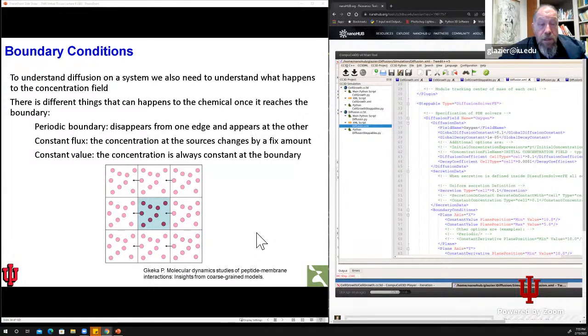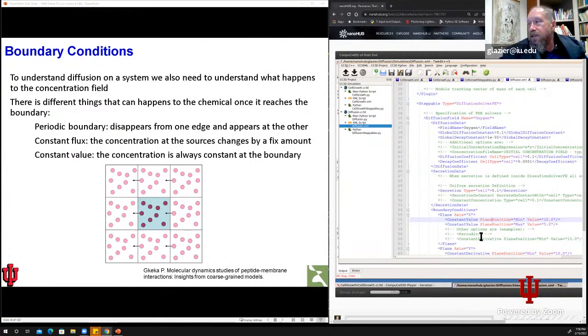Typically, if I have something like oxygen coming from blood vessels, I can treat the concentration of oxygen at the surface of the blood vessels as constant. So it'd be a constant value boundary condition. In other cases, I'll have constant flux or no flux boundary conditions. And so there are going to be a series of choices. If I look here in lines 56 and 57, I have constant value, and plane position is minimum and maximum, and I have the x direction, the y direction, the z direction.